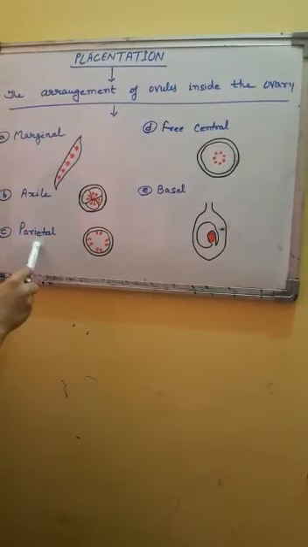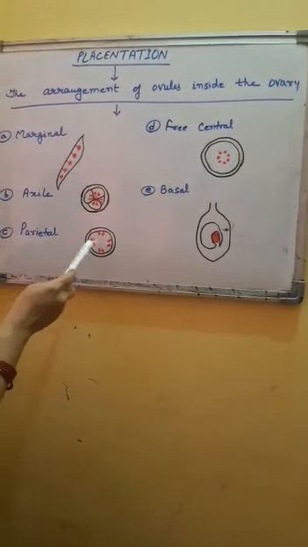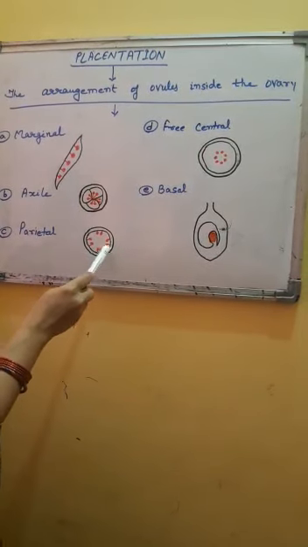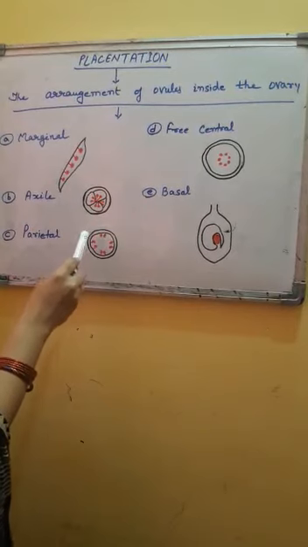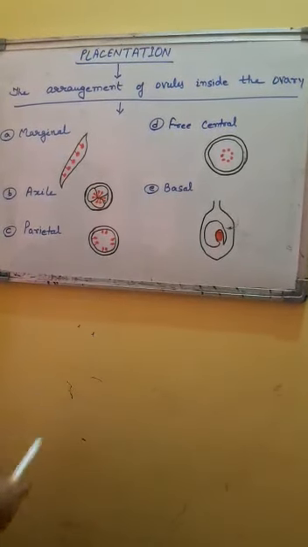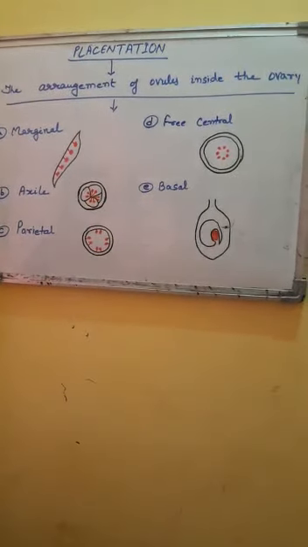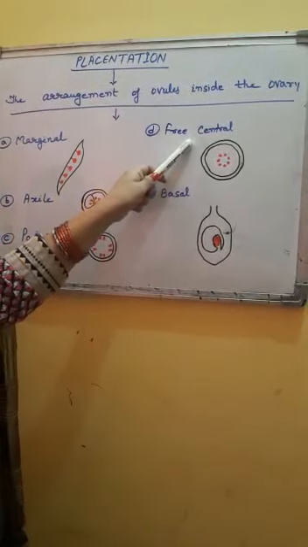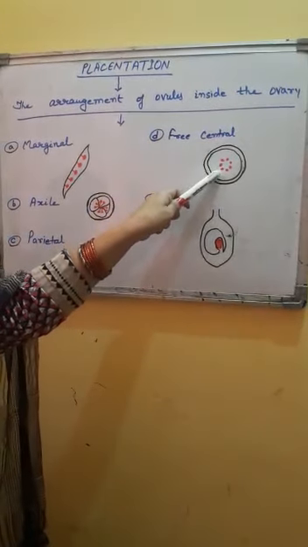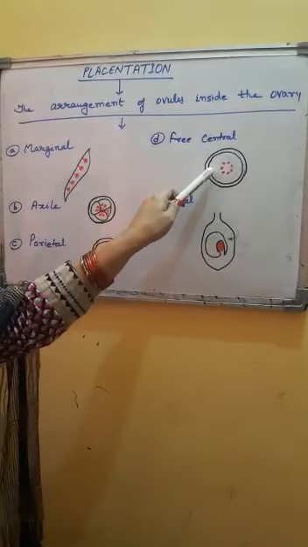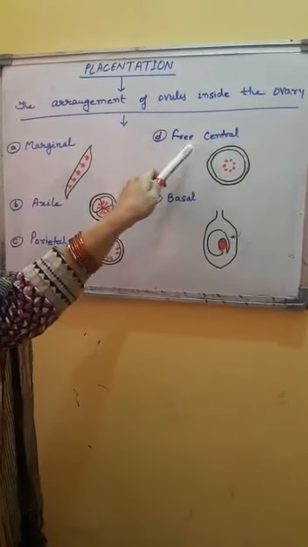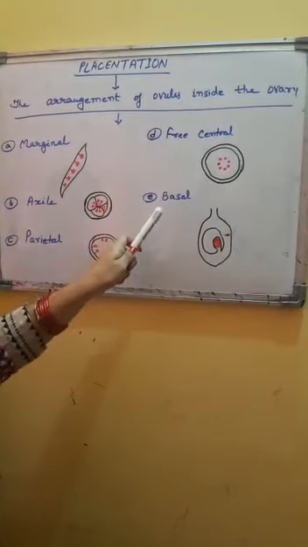Third is parietal, where the ovules are born on the inner wall of the ovary at the periphery. Example, mustard and cucumber. The fourth one is called free central, where again ovules are born in the center, but the partition wall is not present there. Example is primrose.